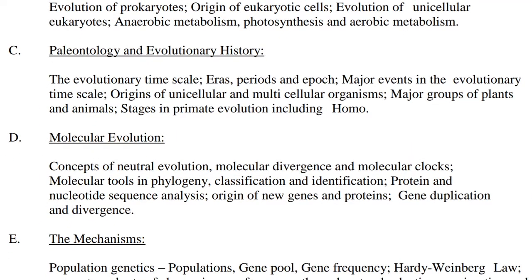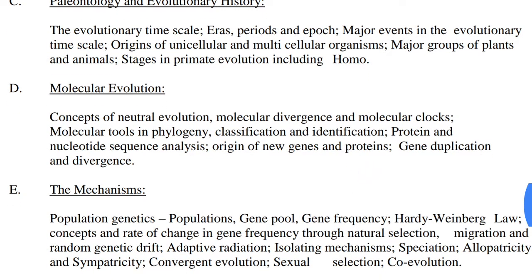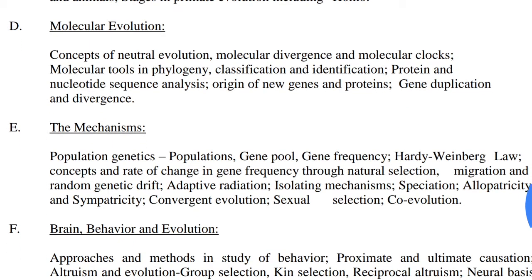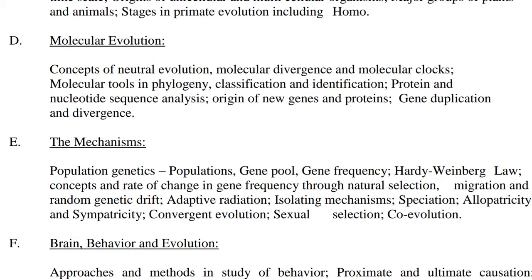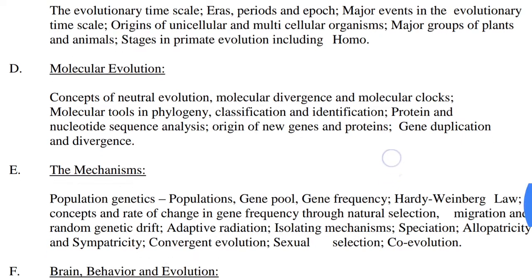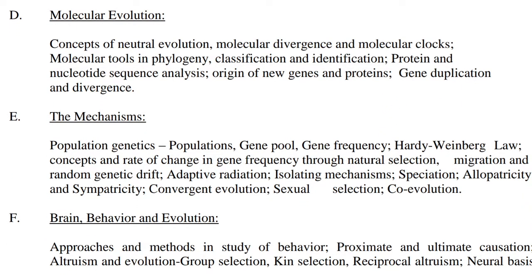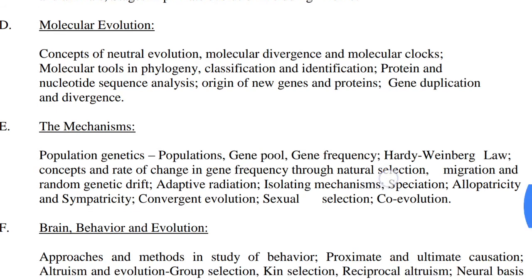I don't remember the chapter name, but the last chapter of Snustad and Simmons is very good, and section D is also covered there, molecular evolution and the mechanism, in the chapter just before that one. So stages in primate evolution including Homo, and molecular evolution and the mechanism, which includes population genetics, are well described in Snustad and Simmons.